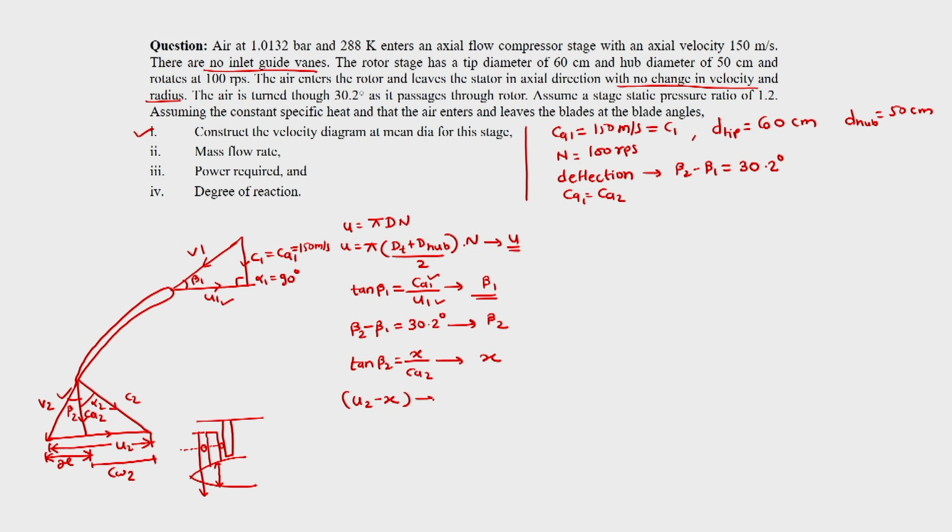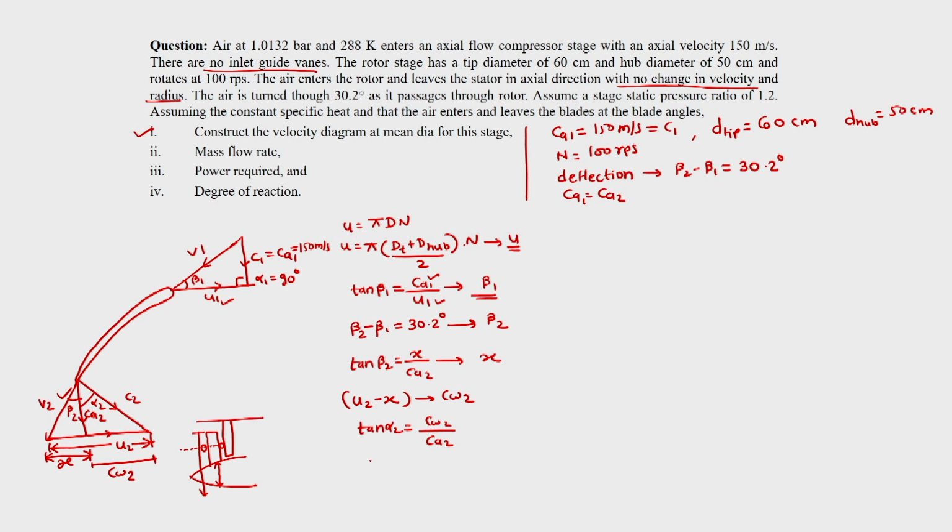which is rather CW2. Now knowing CW2, we can know tan alpha 2 is equal to CW2 upon CA2.